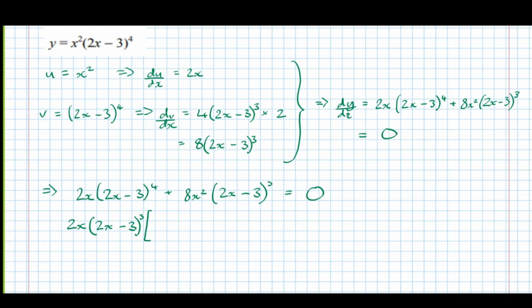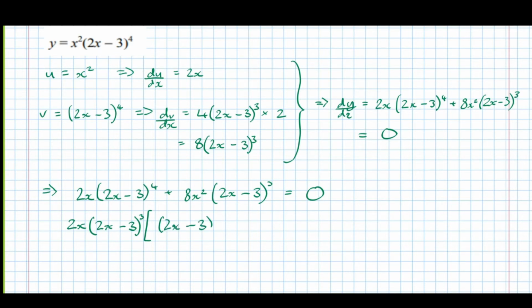let's think, what do we do to get from here up to here? So I can see I've got a 2x in front, so I don't need to do anything with that. And I can see I've got some 2x minus 3s, but this has got one more 2x minus 3 bracket than that. So to get to that one, what I'm going to have to do is times by 2x minus 3.